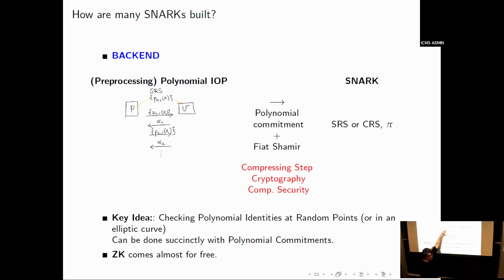But at the moment where we compress, we need some security, and this comes from the fact that the polynomial commitment tells us that these polynomials that we send open correctly at a certain point. And then we can check. It's essentially randomized polynomial identity checking, and that gives us the security.